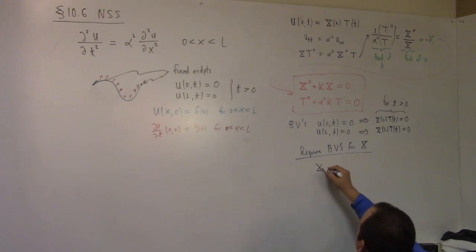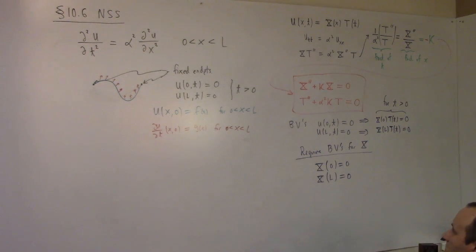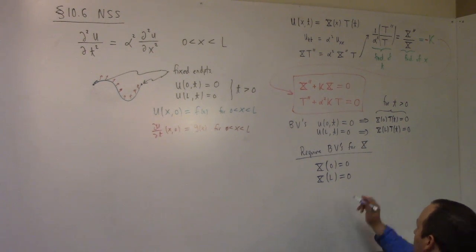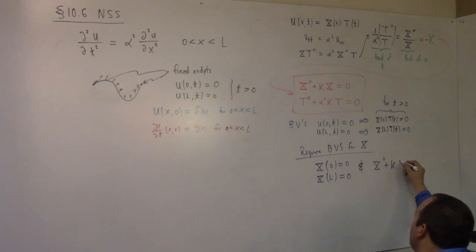We need x of 0 equals 0, and we need x of L equals 0. And again, what are we solving? We're solving x prime prime plus k times x equal to 0.